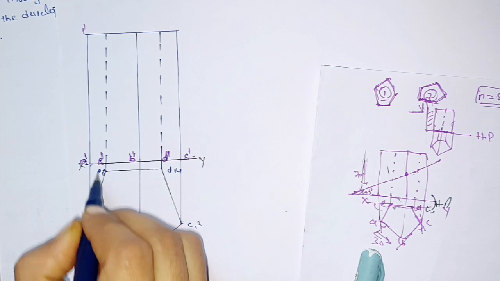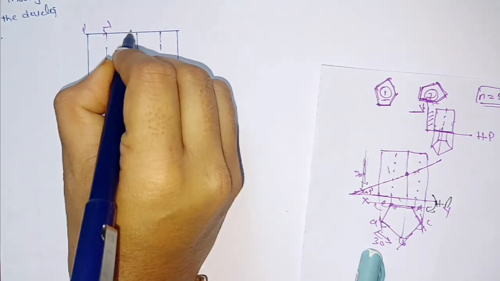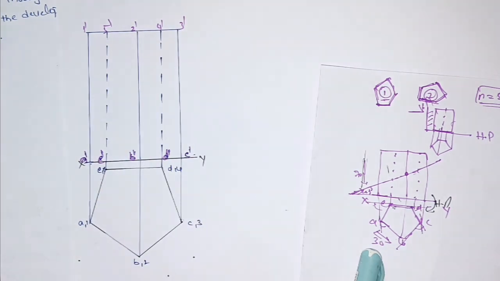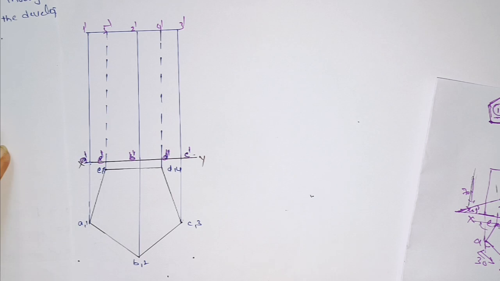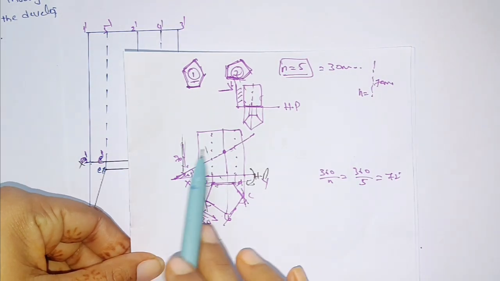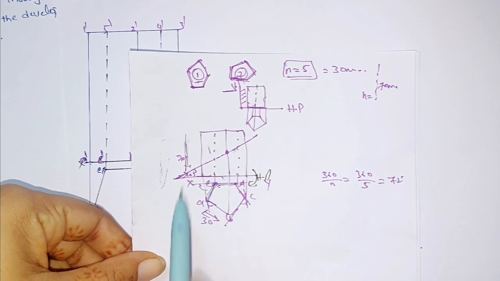Similarly 1 prime, 5 prime, 2 prime, 4 prime and 3 prime. Mention the names. Similarly we have already drawn a pentagonal prism with its axis, a rectangular face parallel to VP, and one of the bases is a rectangle.